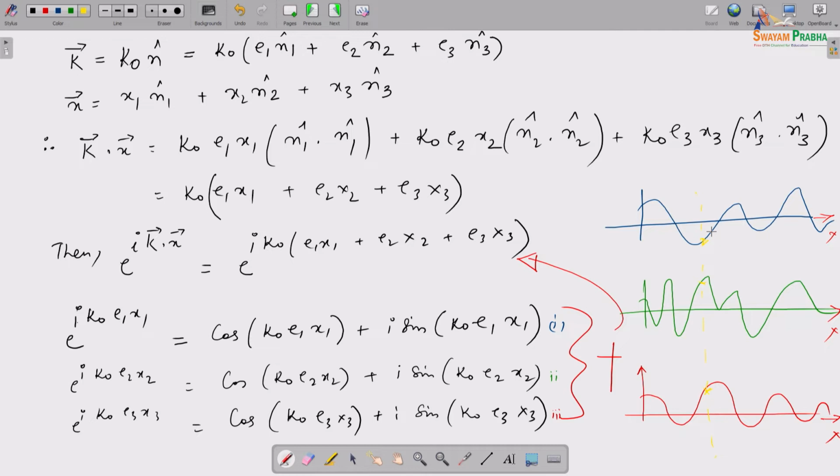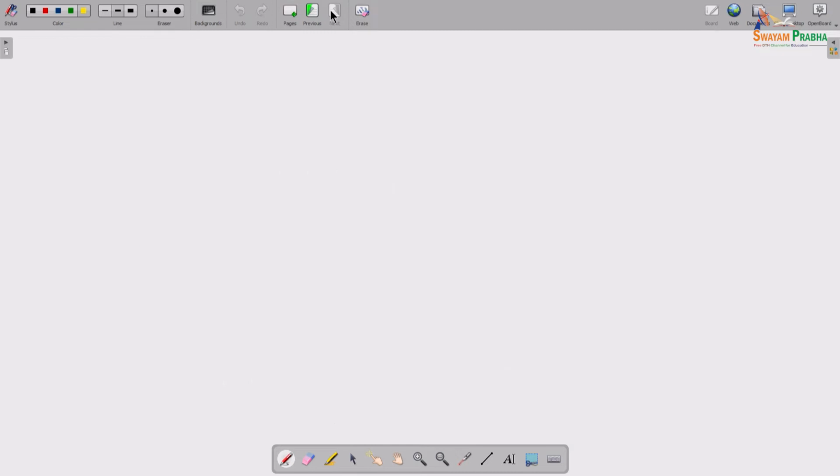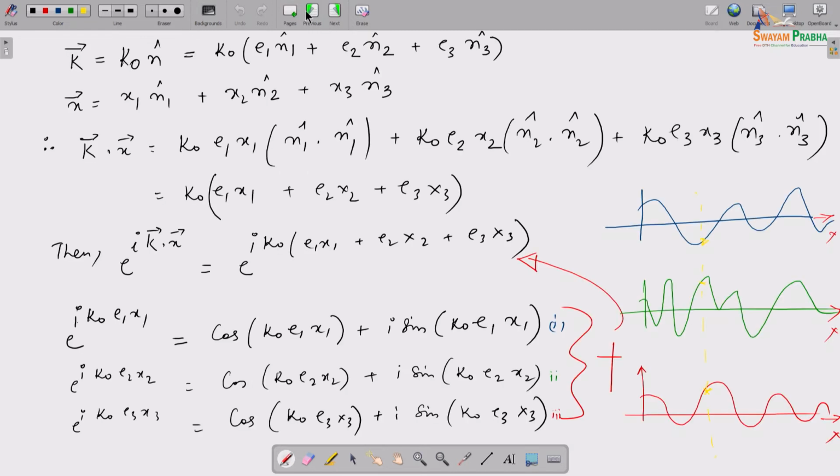That is going to give you the amplitude of the function. These are the Fourier modes.